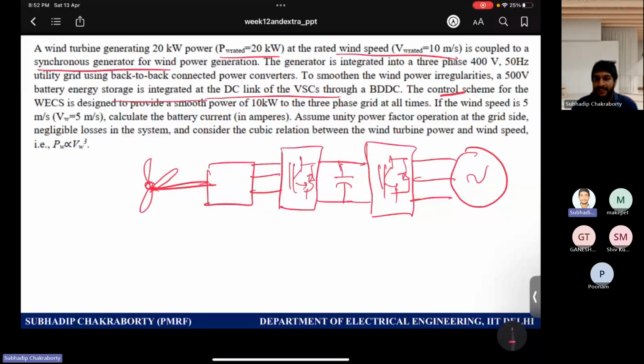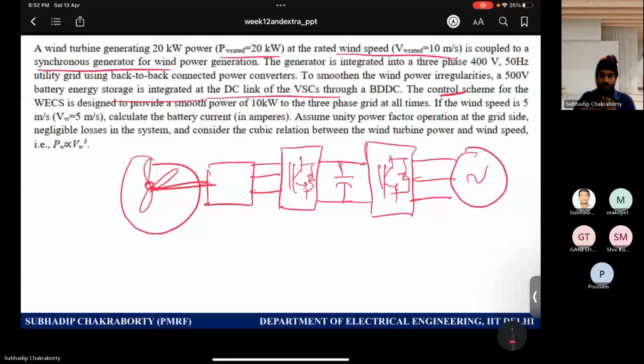The battery action time or response time are very fast. These are not electrical systems. These are electromechanical inertia. You cannot tell that at 0.1 second my wind speed was this and at 0.2 second my wind speed is this. These are slow varying systems for which the power is also slow varying, and power is quite irregular in the wind, as you can understand, due to varying weather conditions.